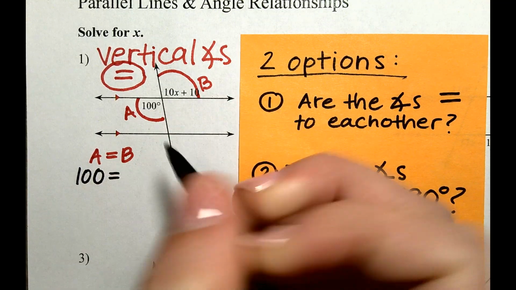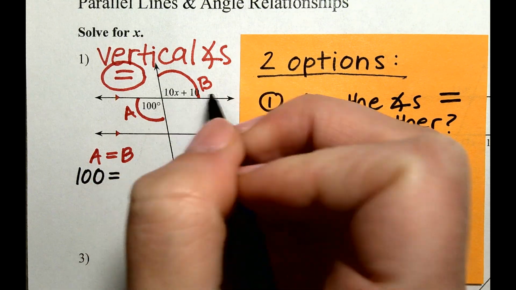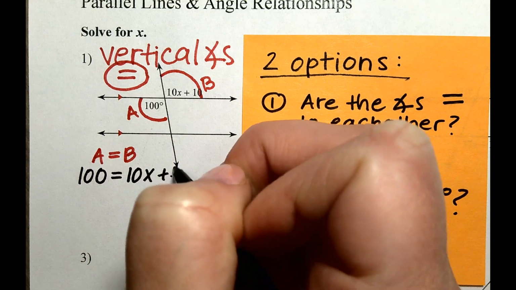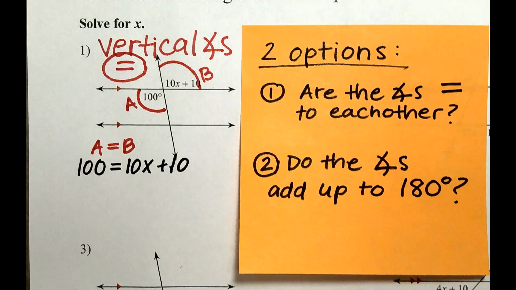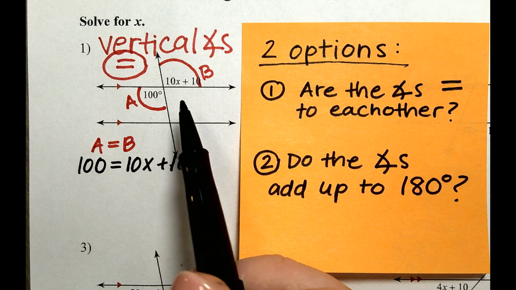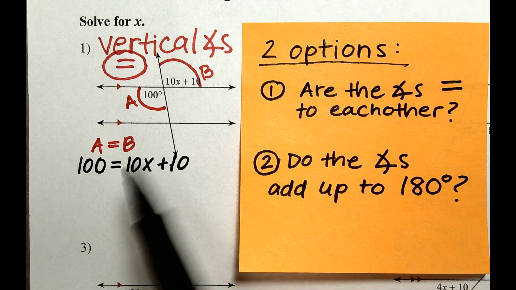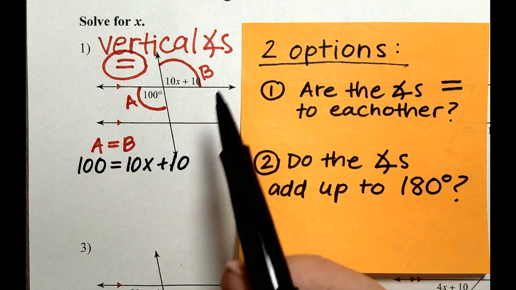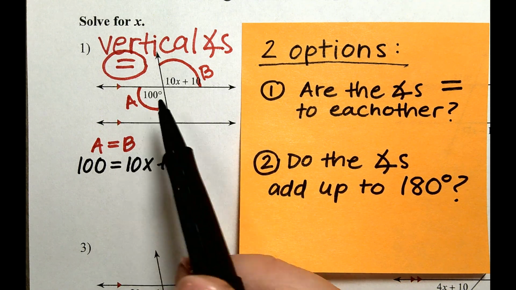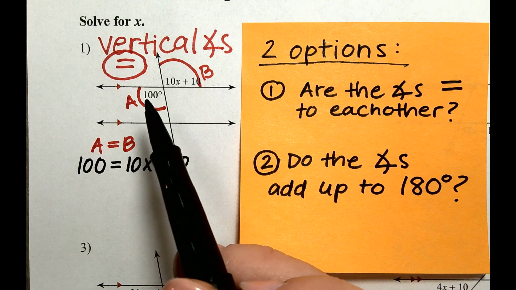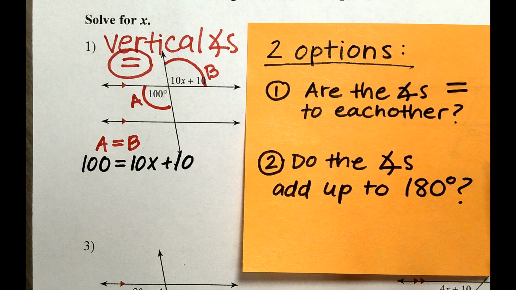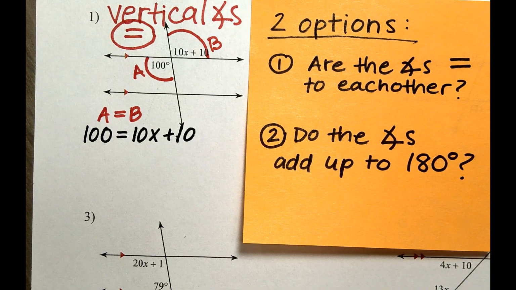So 100 equals B, which is 10x plus 10. So all we did is we replaced A with 100 and B with 10x plus 10. We don't even have to do the A and B part. That's an extra step. We could just say, I know these are equal, so I'm going to write 100 equal to this, which is 10x plus 10. So now I have an equation.